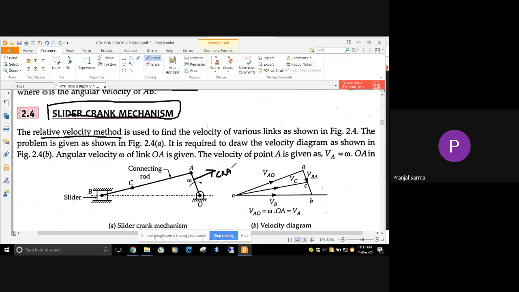Then what are the other links? The connecting rod. AB, that's the connecting rod, already in the figure itself. Then this portion is nothing but the slider. It is able to slide in this particular guide.